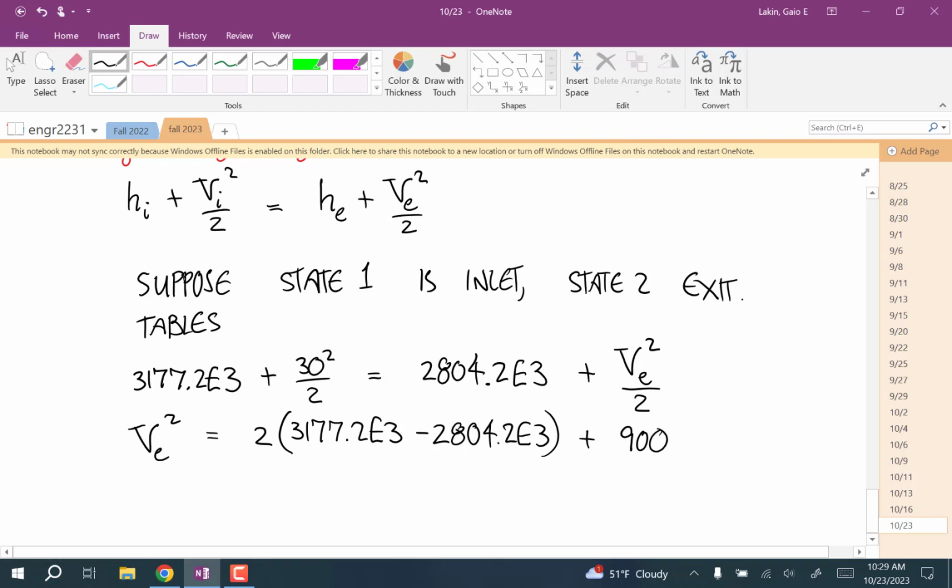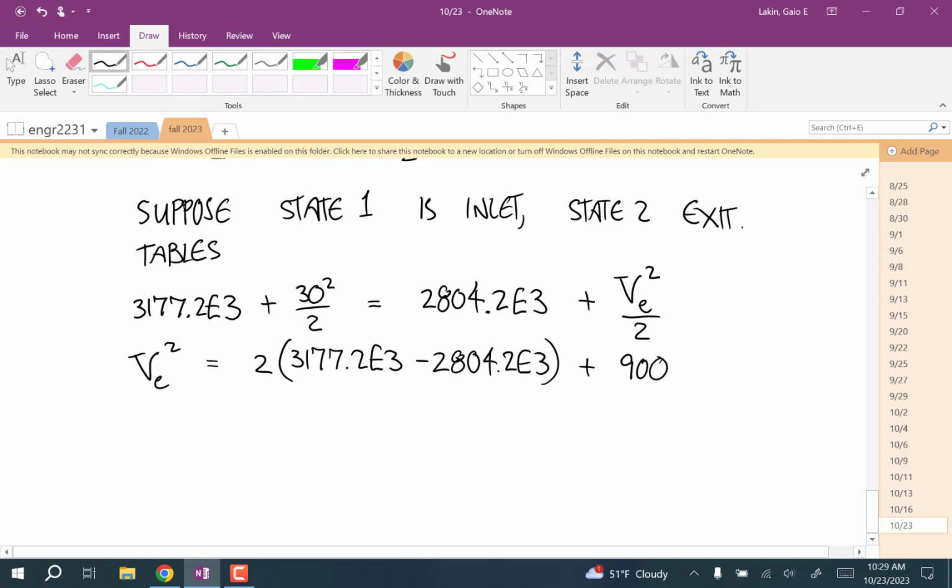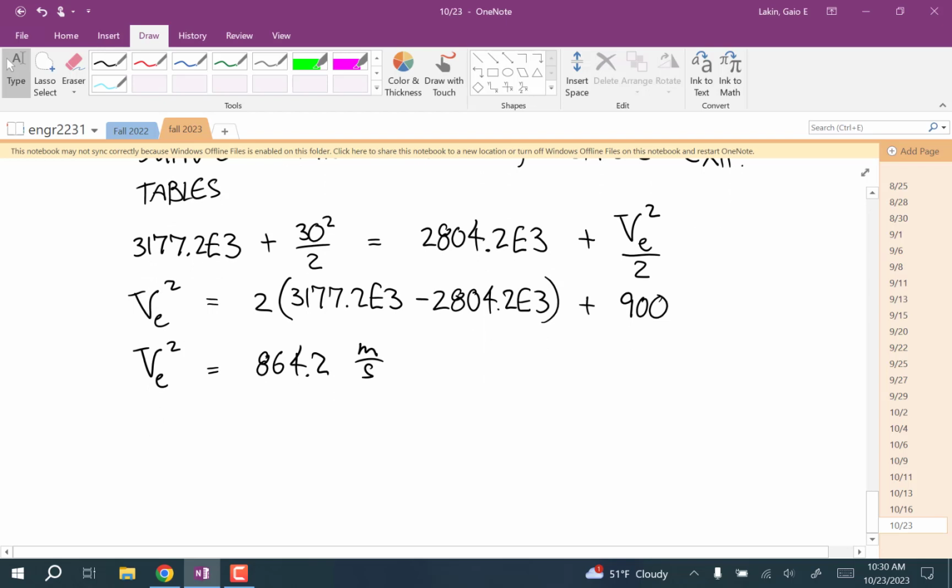I multiplied both sides by 2, so I got rid of the dividing by 2 there. And so you get that the speed at the exit is 864.2 meters per second. Don't put your hand in front of that. I'm assuming you already squared it, so it's not V squared. Yes, I already took the square root. Thank you.